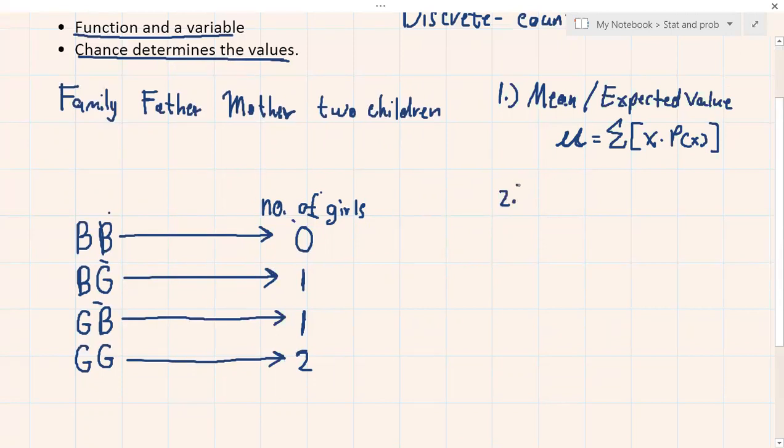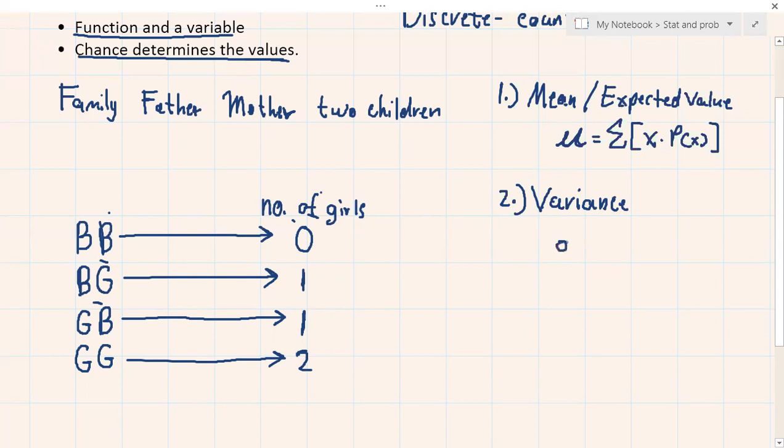Alright? Number two, ano kaya yung variance? Okay? So, what would be the formula for a variance? Ang variance naman is basically this one. Alright? Ang symbol muna is this. Para siyang O na may konting line lang dito sa taas. Okay?